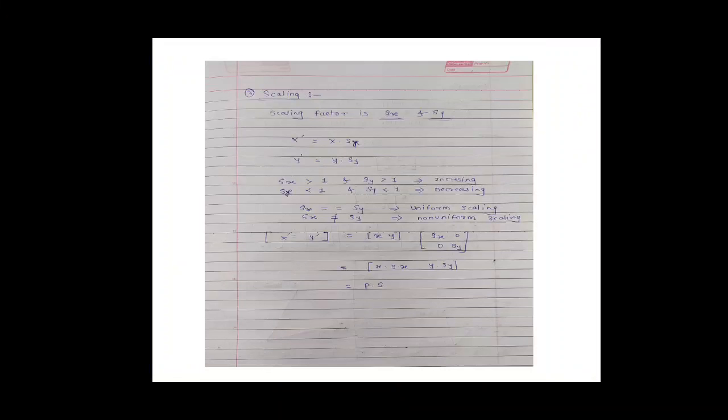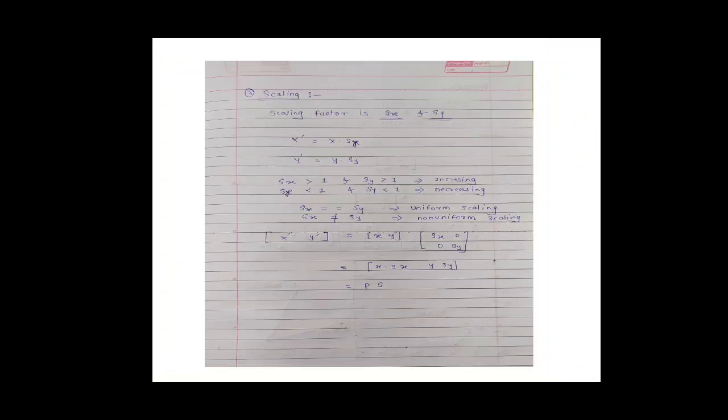Then the last basic operation of 2D transformation is scaling. Scaling changes the size of an object. These operations can be carried out for polygons by multiplying the coordinate values, that is x, y, of each vertex by scaling factors sx and sy to produce the transformed coordinates x dash and y dash.